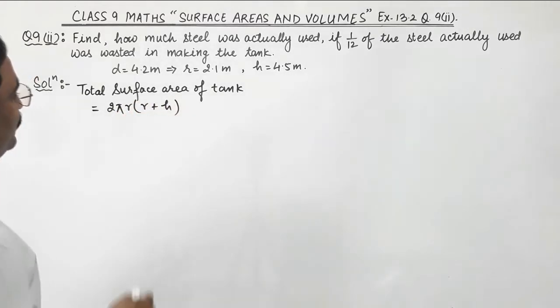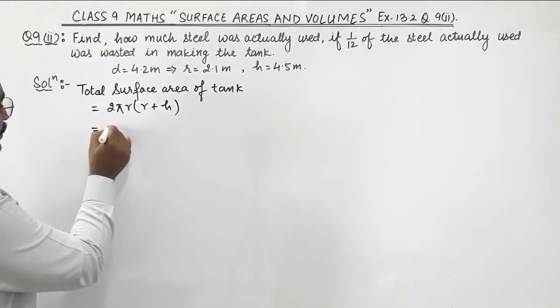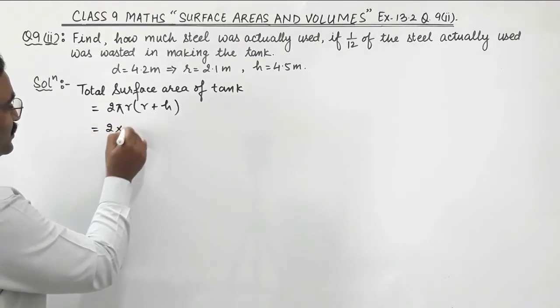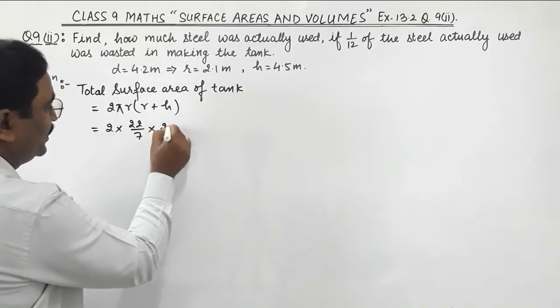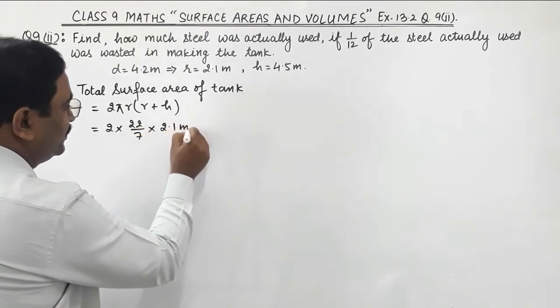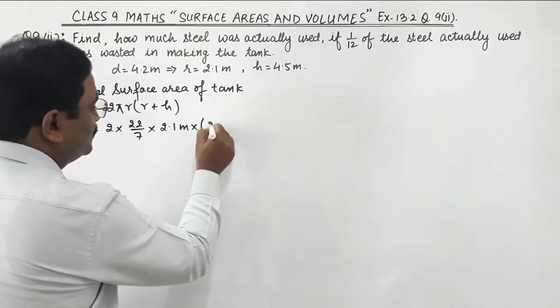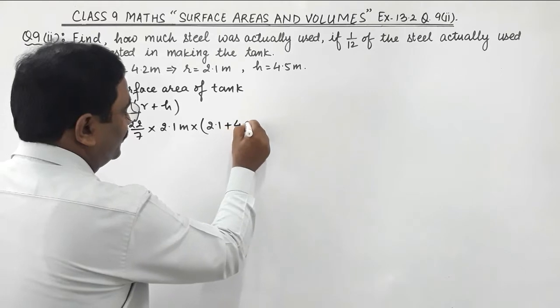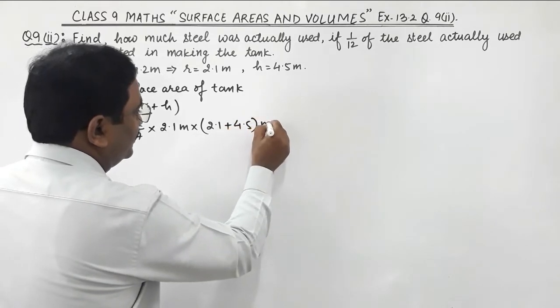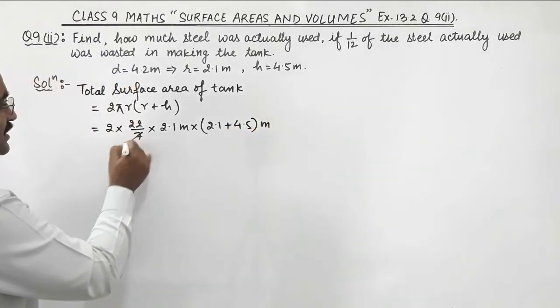So substitute the values. 2π is 22 upon 7, radius is 2.1 meter multiplied by radius 2.1 plus height 4.5 meter.